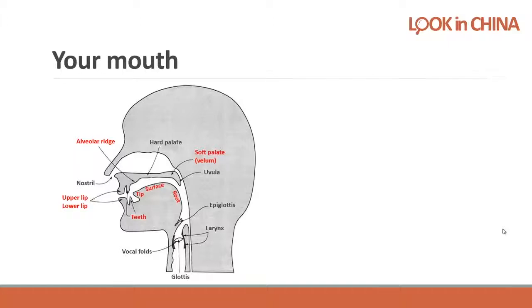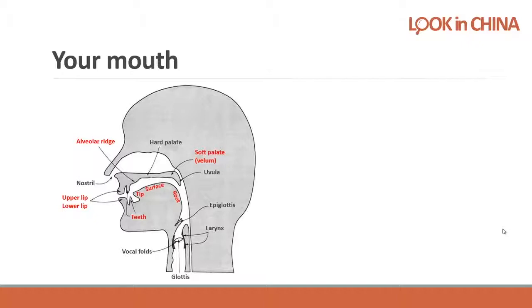Now let's talk about your oral cavity, which is your mouth area. Again, this lesson is very simplified, so nothing is too technical. But you need to envision the inside of your mouth as having a front, which is right up against the back of your teeth, a middle, which is right at your alveolar ridge, and a back, which is the soft palate area.